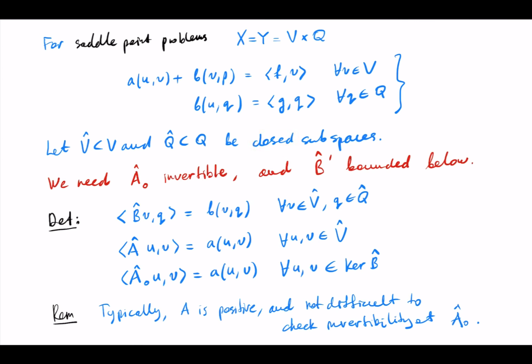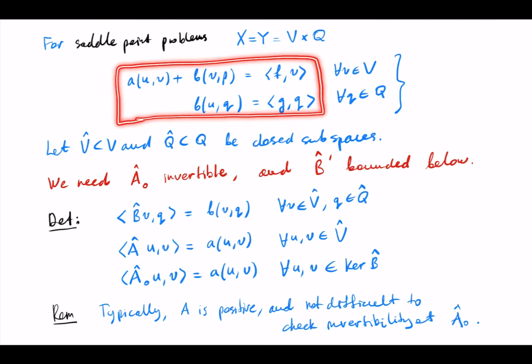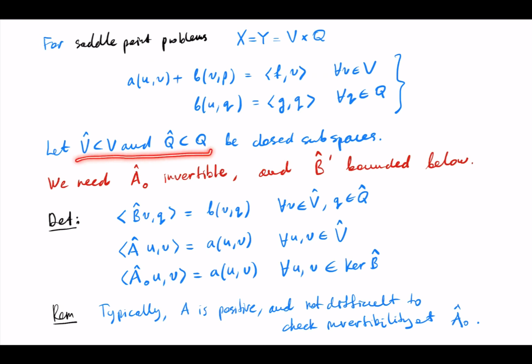Now we know that in order to ensure that the discrete operator corresponding to this problem and these subspaces is invertible, what we need is A hat 0 is invertible and B hat prime is bounded below.